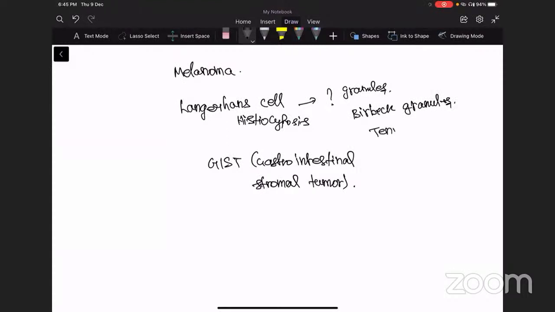Tennis racket appearance seen with Langerhans cell histiocytosis.